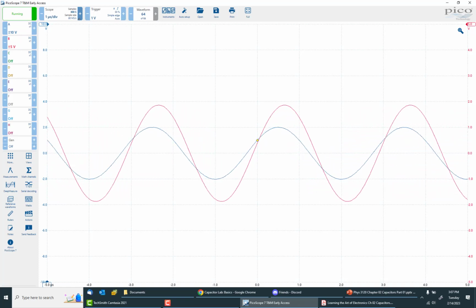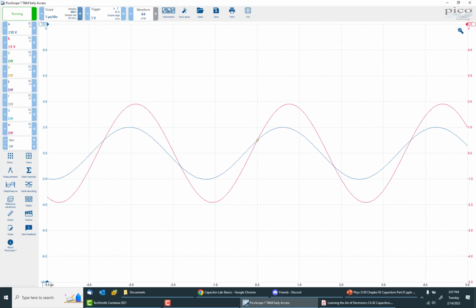Now, do you guys know what a Fourier transform is? You know that a Fourier transform says that you can take any number of sine waves, add them together, and create any other waveform. So if I want to create a square wave, how many sine waves do you think you need?